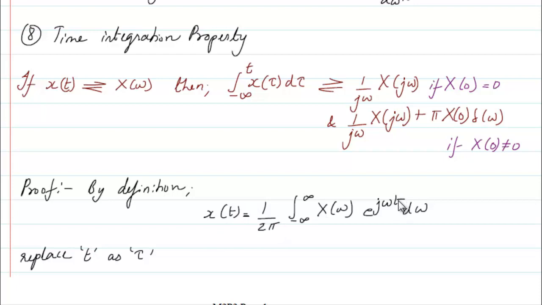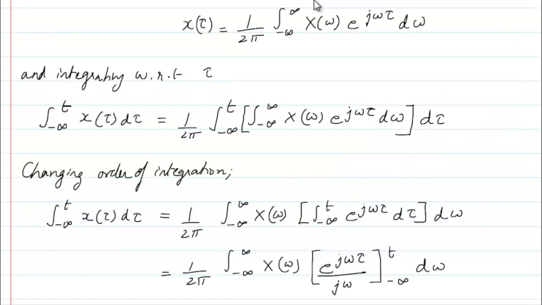Why am I changing it with tau? Because I want to write it in this fashion. So if I replace t with tau, the equation becomes x of tau equals 1 by 2 pi integral X of omega e raised to power j omega tau. Again I have replaced t with tau.